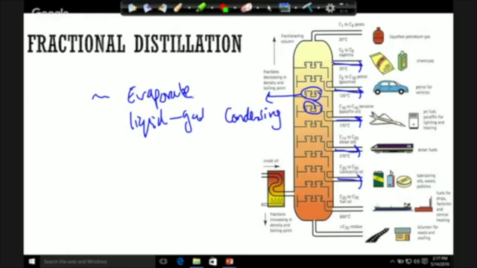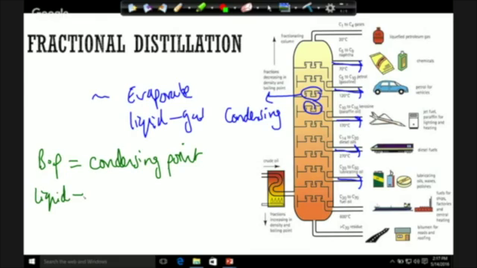So what we need to remember then is the process that we got, evaporation and condensation. One really important thing to remember is that boiling point is the same as condensing point. That's to say that the temperature at which it turns from a liquid to a gas is also the temperature at which it turns from a gas to a liquid, depending on whether it's being heated or cooled.